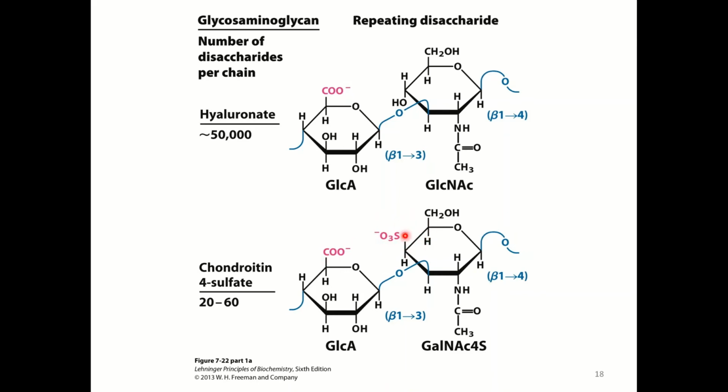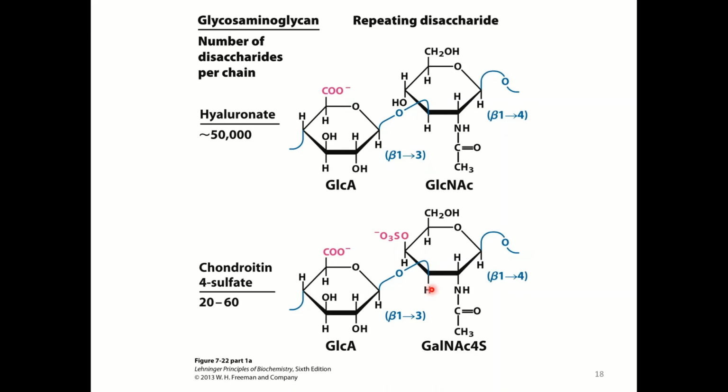Okay, so another negative charge. I would never expect you to be able to draw these. If you saw a picture of these on the exam, how you would know what they are, you could see that there's an acid group, right? A negative charge.